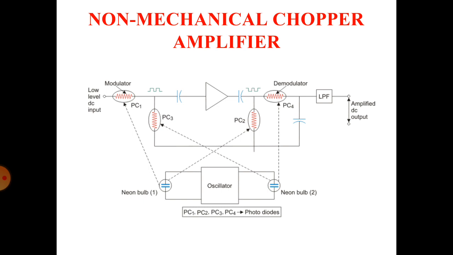So here we are using 4 photodiodes, PC1, PC2, PC3, PC4. The neon bulb 1 and neon bulb 2 are connected to the oscillator circuit, which produces the output without any input being given.